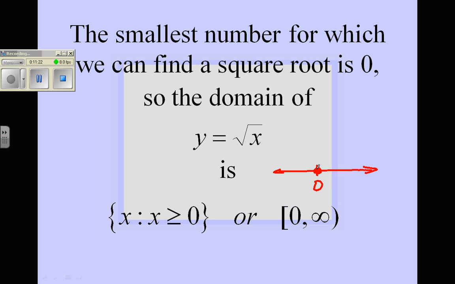So 0 is allowed, but nothing down here is allowed. Everything this way is okay, right? Because I can take the square root of 1, of 2, of 3. I can't take the square root of any negatives. So it starts here and goes this way. Since it can include 0, we put in a bracket, and then it keeps going all the way up to infinity.